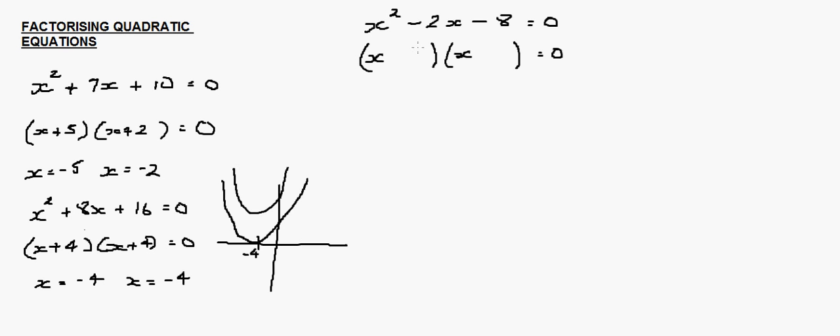So I know 4 and 2 are my numbers. Now these have to give me this middle number. It has to give me minus 2.